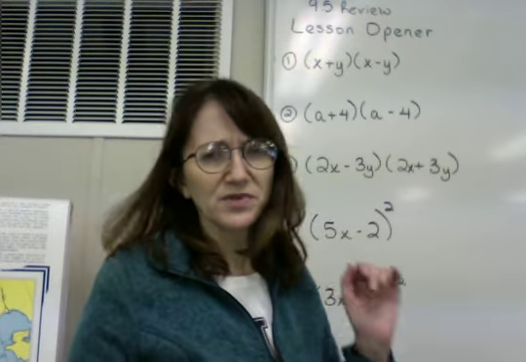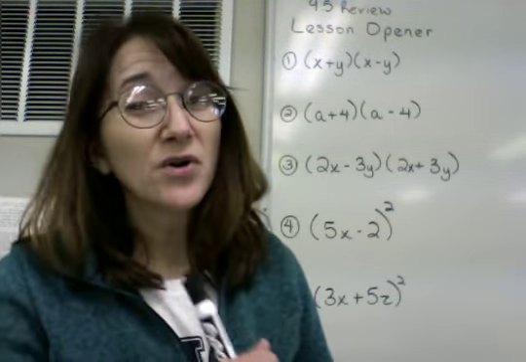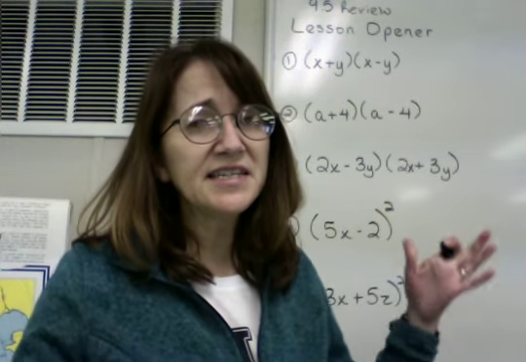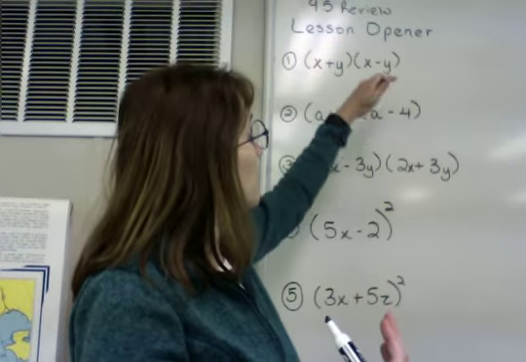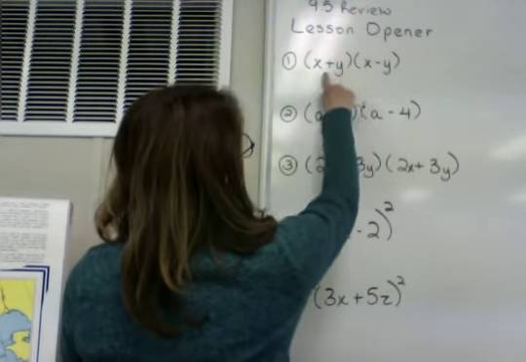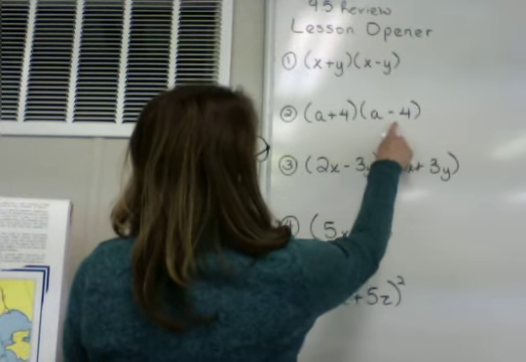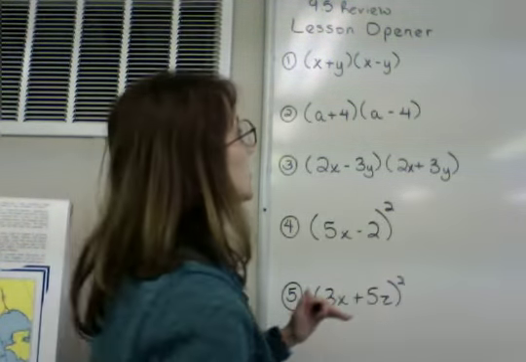My middle term is just going to cancel out because one's positive, one's negative. I don't really have to worry about the middle term. And remember, this is the difference of squares, which means they're different. So that's how we're going to do these first three, 1, 2, and 3.